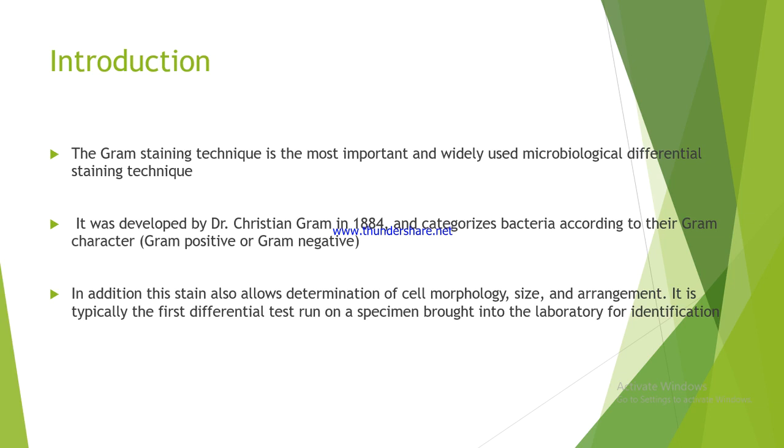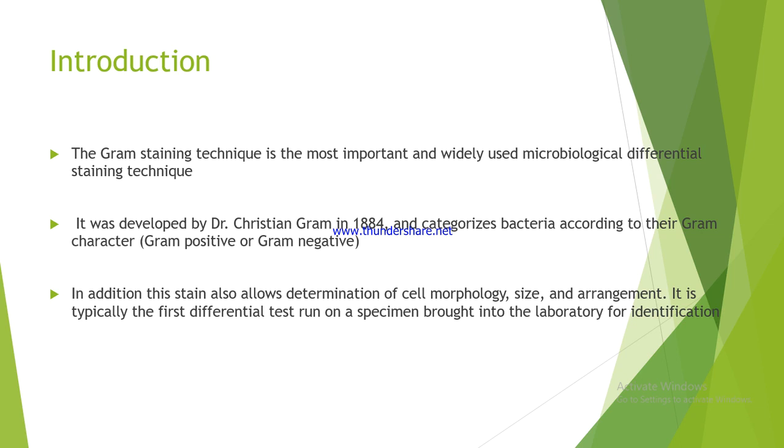There was a scientist named Hans Christian Gram. He found a method of identifying specific types of bacteria on the basis of their shape, size, and color fixation. Different bacteria have different types of cell wall. Hans Christian Gram mainly studied the cell wall differences present in the bacteria.